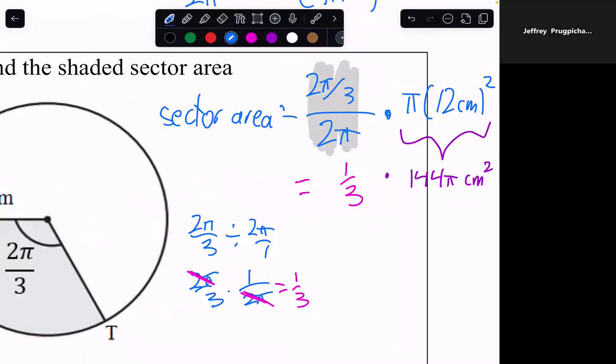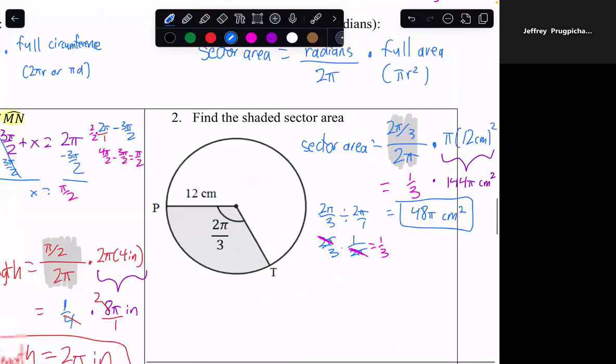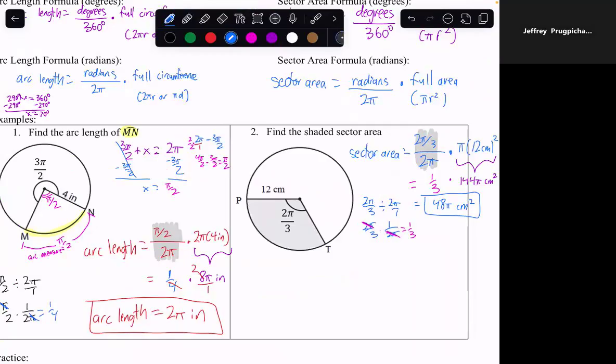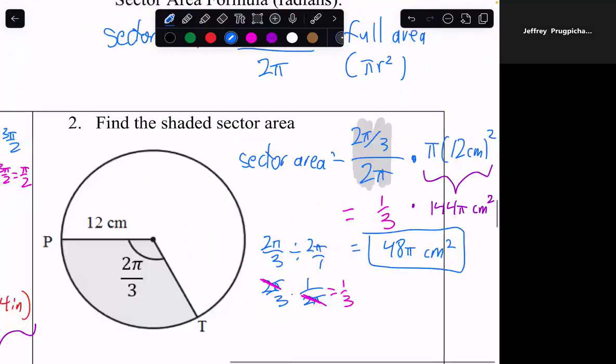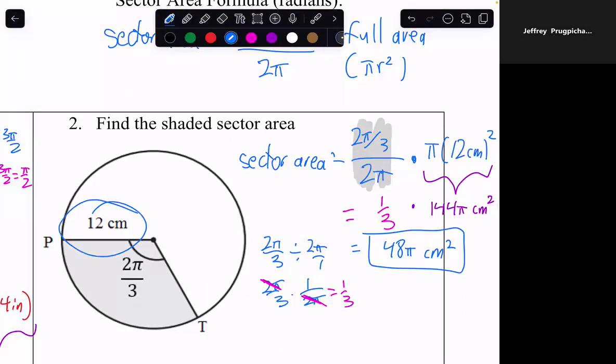So you have 1/3 times 144 pi centimeters squared, which becomes 48 pi centimeters squared. Basically, the full circle has area 144 pi. The shaded section is 1/3 of a full circle, so 1/3 of the full circle gives us the sector area.